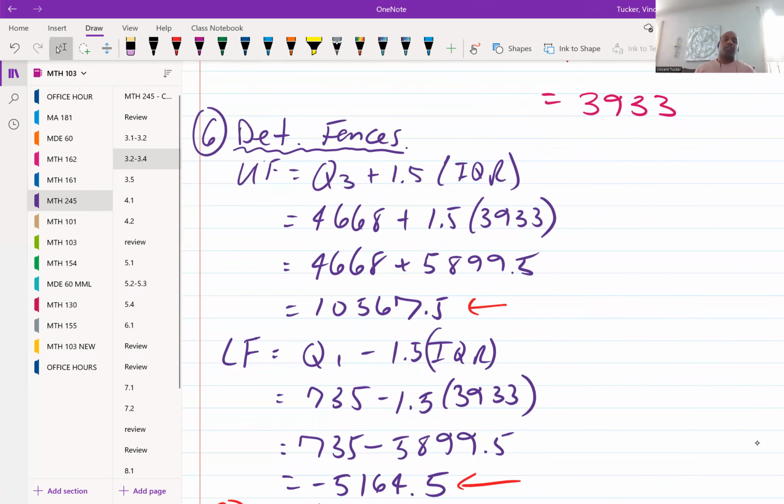All right. So our upper fence is Q3 plus 1.5 times IQR. So that's 4668 plus 1.5 times 3933. That gives us 10,567.5. Then our lower fence is Q1 minus 1.5 times IQR. So it's 735 minus 1.5 times 3933. And that ends up giving us negative 5164.5.